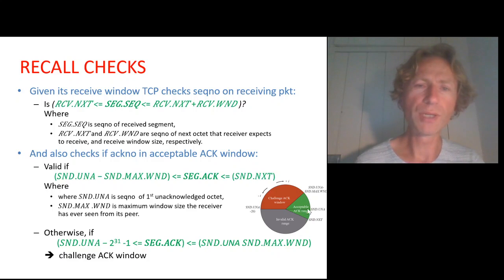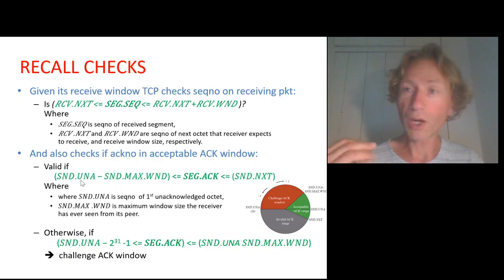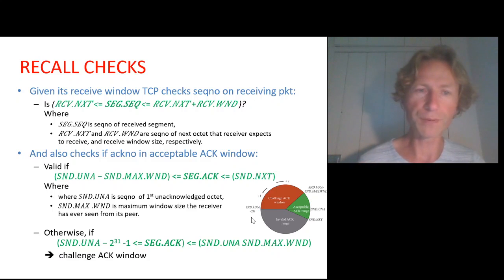That is true if the acknowledgement number is somewhere between send next, the next thing that I want to send, and send unacknowledged, the first unacknowledged byte, minus the sender's maximum window size, the maximum window that we've ever observed.